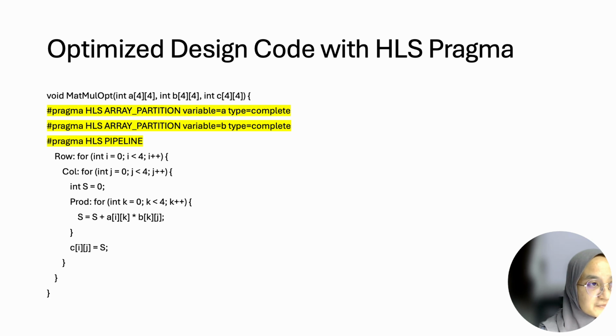In my optimized design, I'm using the array partitioning pragma. For input variables A and B, I'm using array partitioning with complete type, which will split each of these elements, in this case 16 elements, into individual registers.